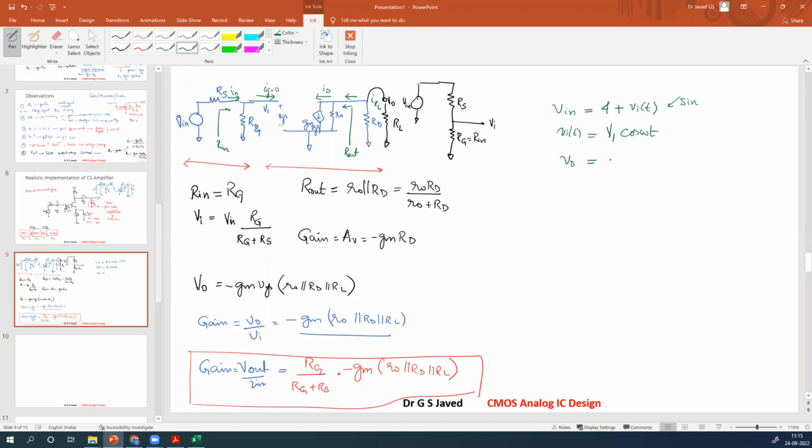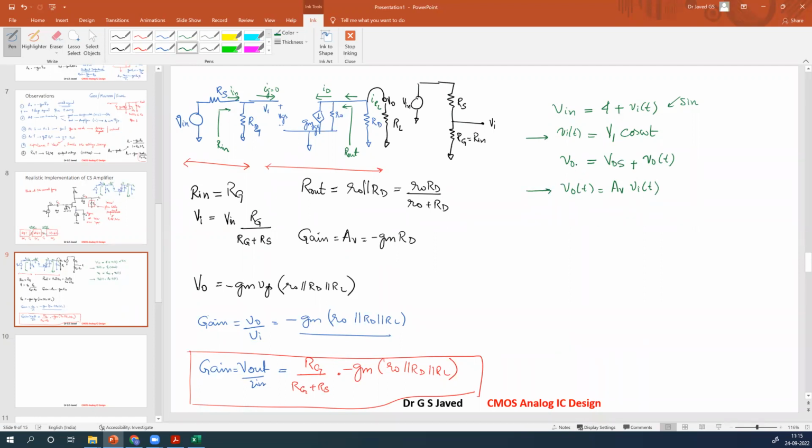V out will be the DC signal VDS plus V out of t. But we know V out of t is equal to gain times Vi of t. So remember these two equations. V out of t is gain times Vi of t.